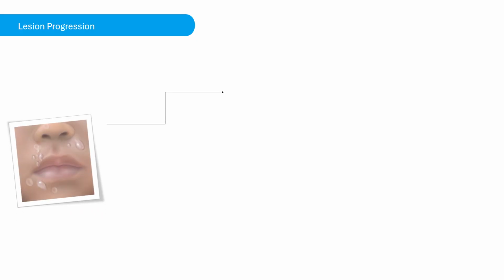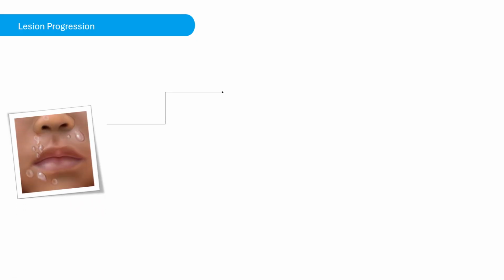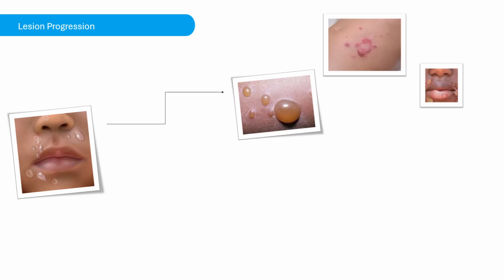Now let's get into the lesion progression. This disease starts as pustules. Well, before that, it's papules, then it goes to pustules, depending on the type of impetigo the infected person has. It can go to the bullous type.